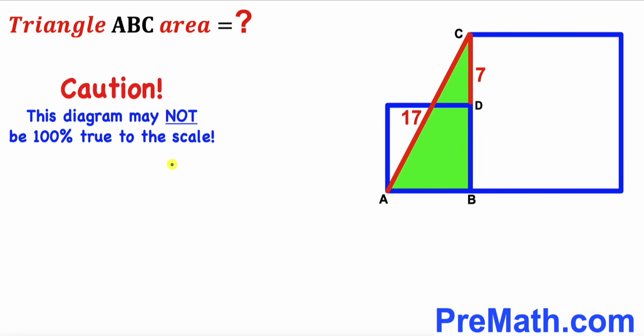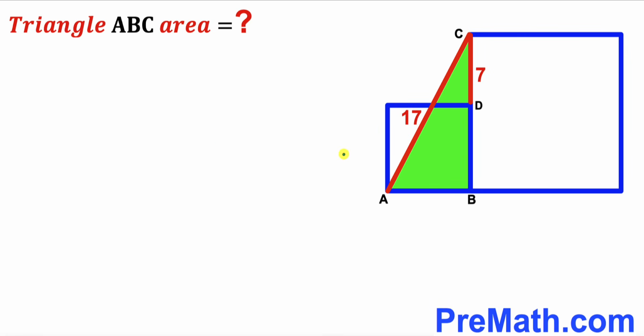Please keep in mind that this figure may not be 100% true to the scale. Let's go ahead and get started, and here's our very first step. Let's focus on this larger blue square. I'm going to label its side lengths as lowercase a, a across the board.